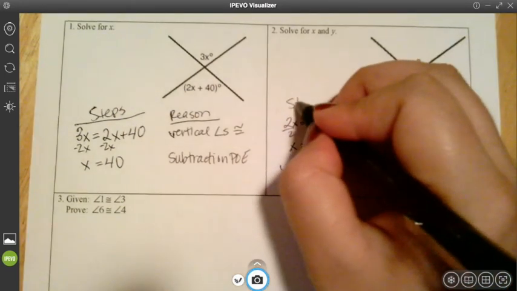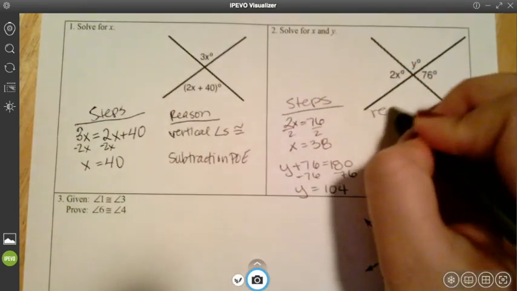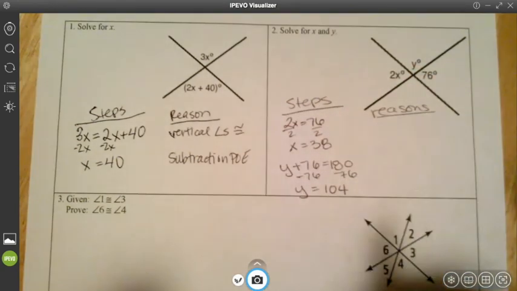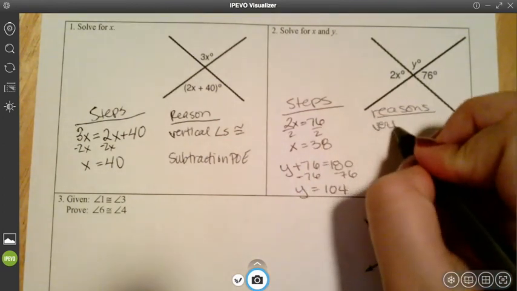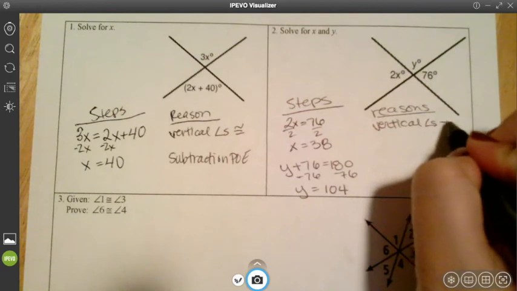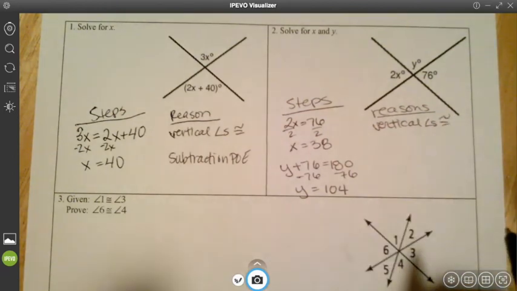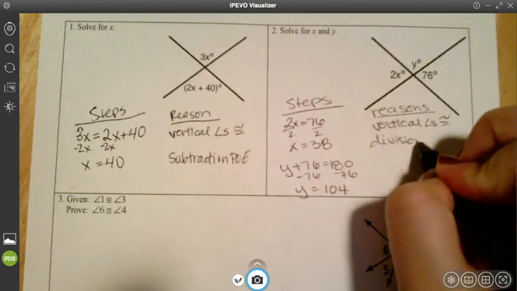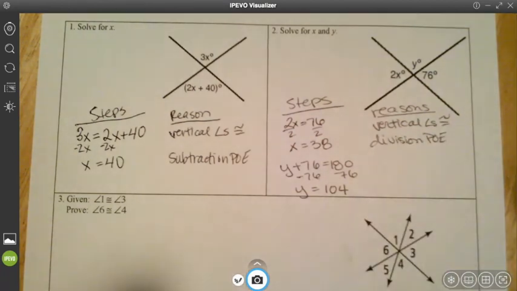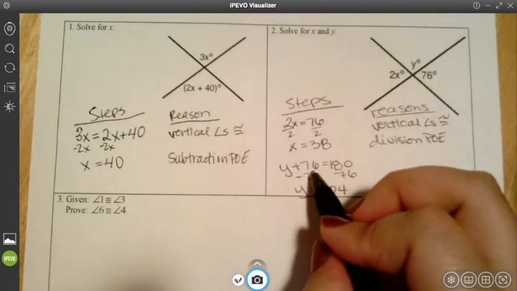And then again, I'm going to set this up, steps and reasons. How did we get this first step? Well, vertical angles are congruent. What is the next step we did? We did division. So this would be division property of equality. And then our next step, we said y plus 76, where did we get that from?